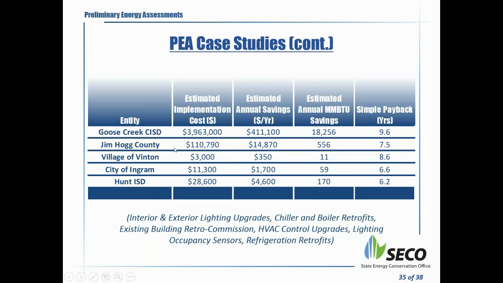Then you see Jim Hogg County had a small project, $110,000 implementation cost, 7.5 year payback. Then you see some city projects with $3,000 and $11,000 implementation cost and paybacks, and you see a small ISD with $28,000 in implementation, and a 6.2 year payback.